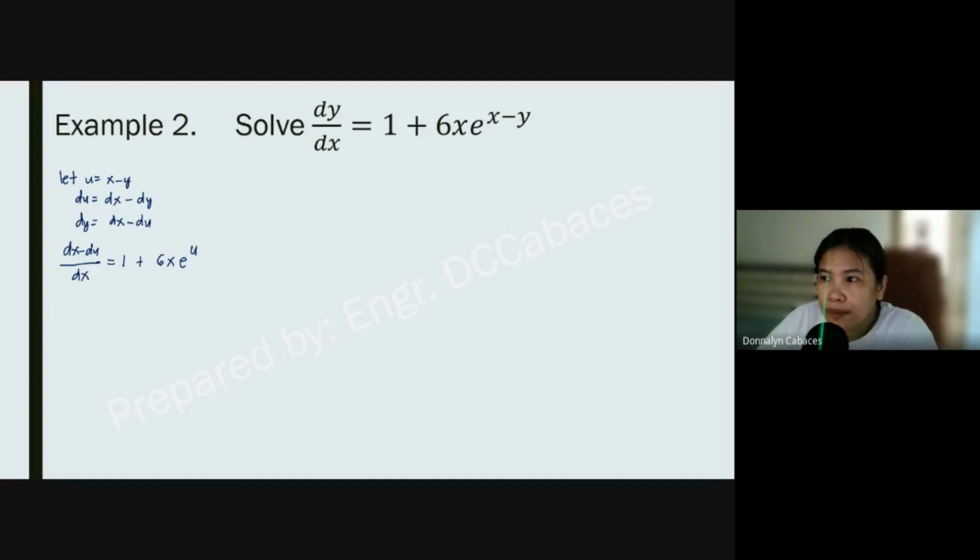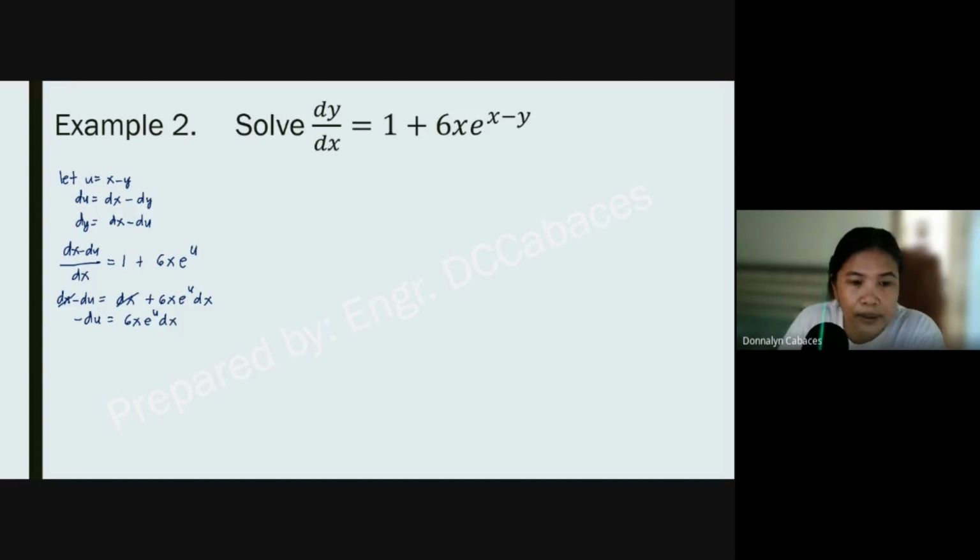Okay? And then simplifying the equation, you have dx minus du is equal to dx plus 6x e to the u dx. So dx minus dx, and therefore, you now have negative du is equal to 6x e to the u dx.